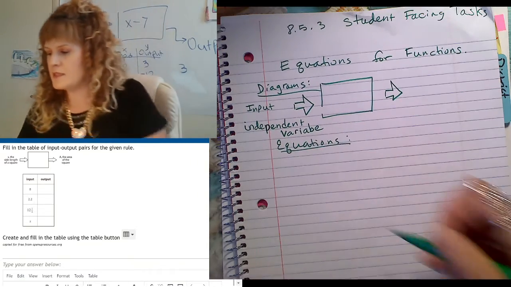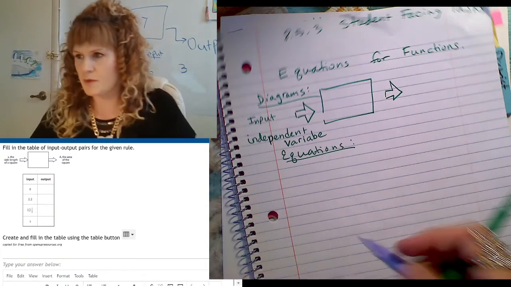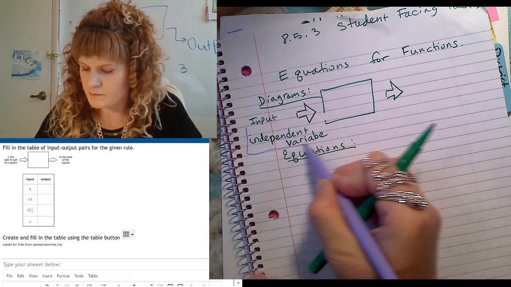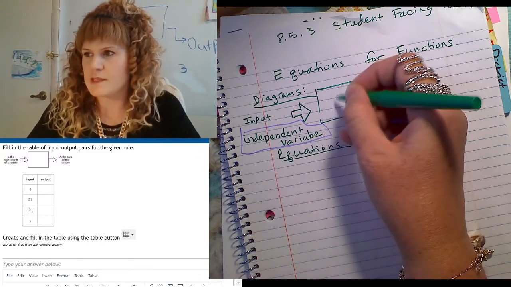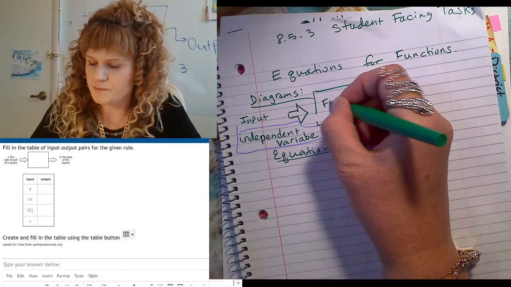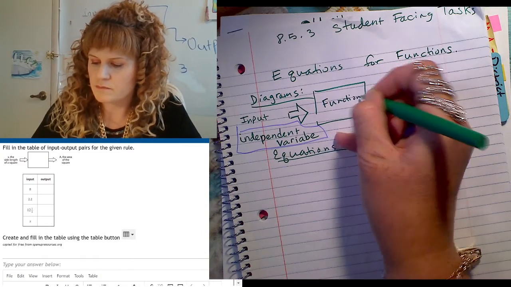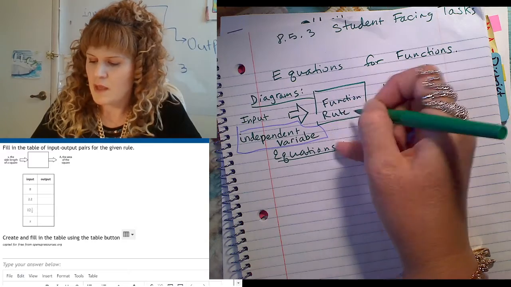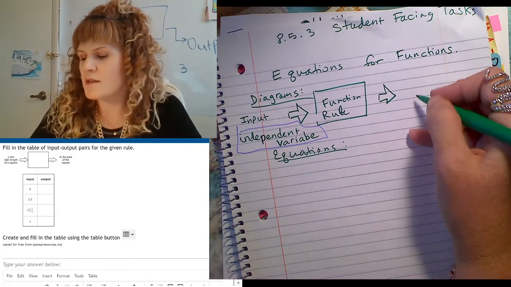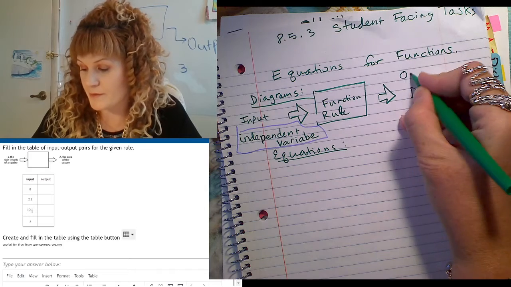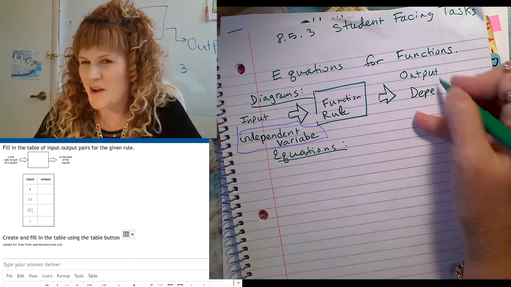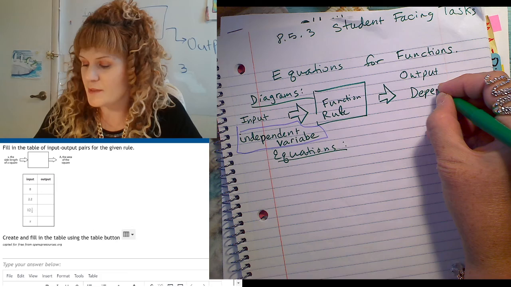There we are. Independent variable goes in. And then we do the stuff in the function rule. And we'll get out our dependent variable, our output. Our output is also called a dependent variable.